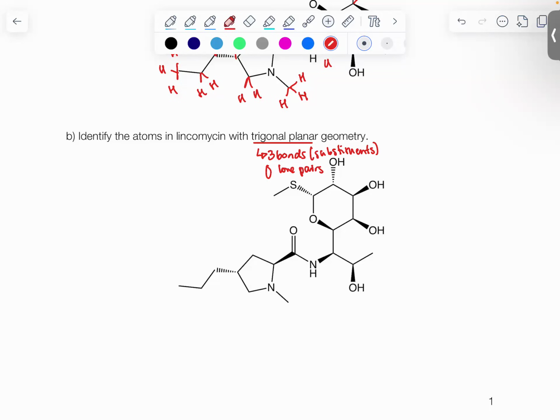Or maybe it's better to say 3 sigma bonds, because what we will see is that our trigonal planar atoms often do have a pi bond.